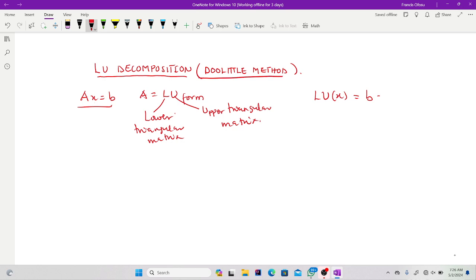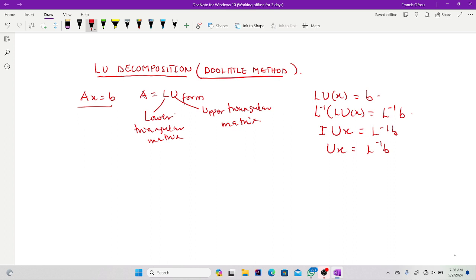So I'm going to make x the subject, but first I'll take L out. So I'm going to take L inverse on both sides. That is the way to take L out. That L inverse will give us our identity matrix I multiplying Ux = L inverse b, and you know that this is the same as Ux = L inverse b.